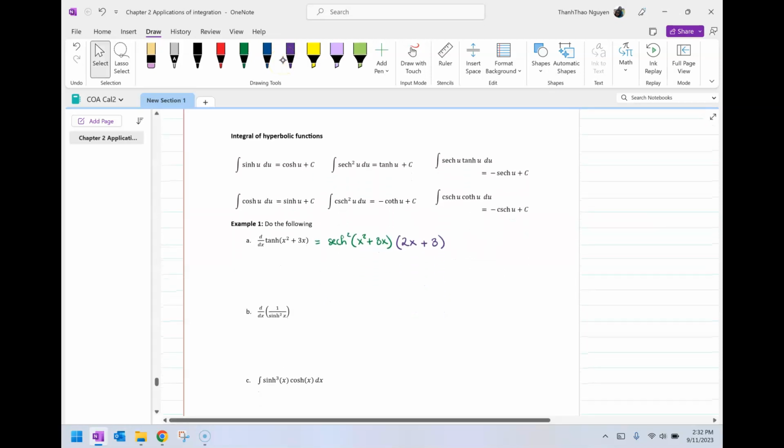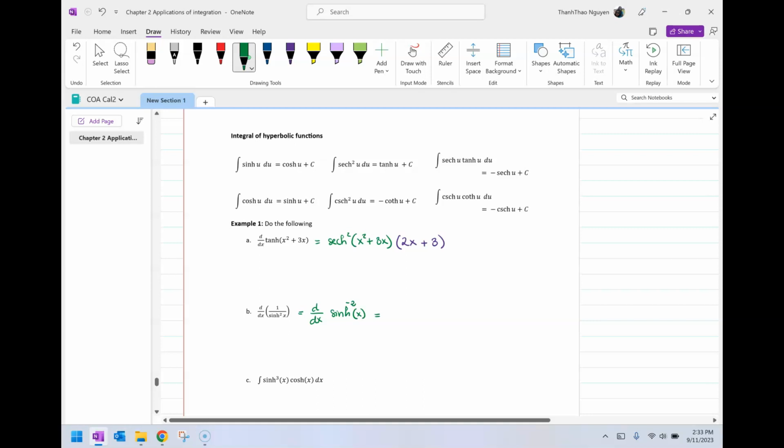Now, in the next one, we can rewrite this as the derivative of sinh of x to the negative 2.